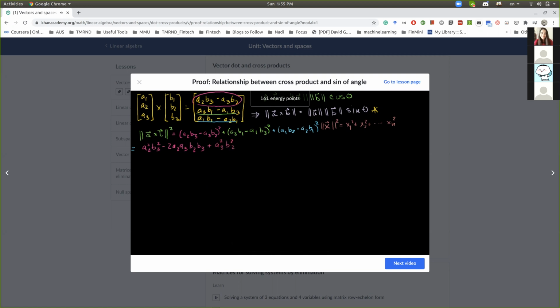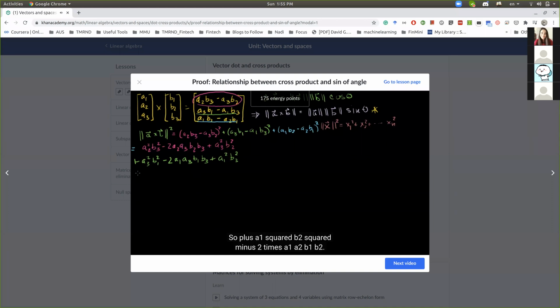Then I add this term, so plus a3 squared b1 squared, minus 2 times both of these terms multiplied, minus 2 times a1 a3 b1 b3, plus that term squared, a1 squared b3 squared, and then finally this term squared.